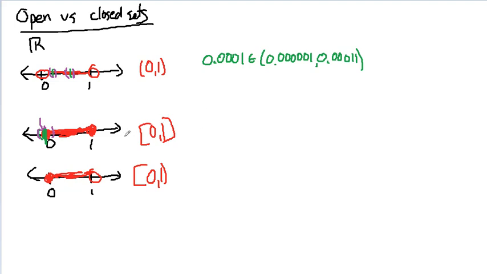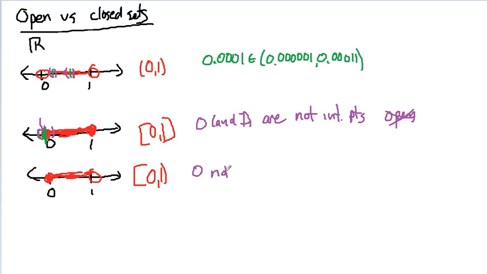So 0 and actually 1 are not interior points, so it can't be open. Very similarly here, by the exact same reasoning, 0 is not an interior point, so it can't be open.